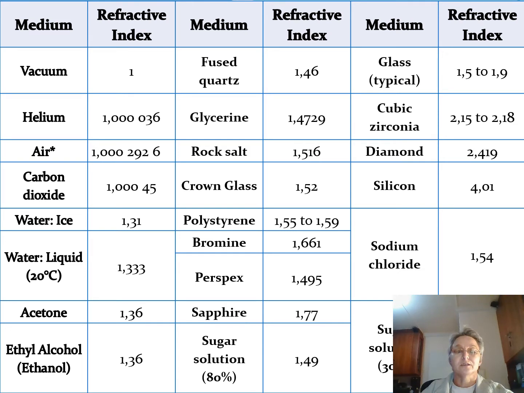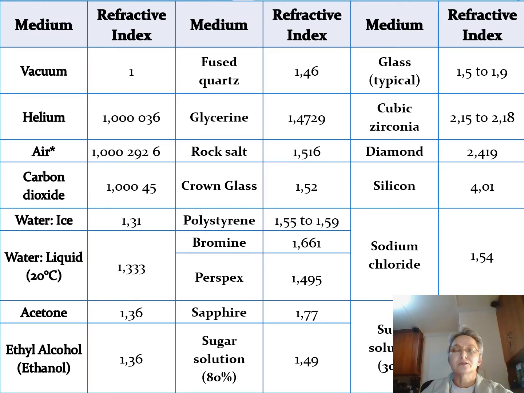Carbon dioxide is 1.00045. Ice is 1.31. Water liquid at 20 degrees Celsius is 1.333. Acetone 1.36. Ethyl alcohol, or ethanol for that matter, 1.36, the same as acetone.